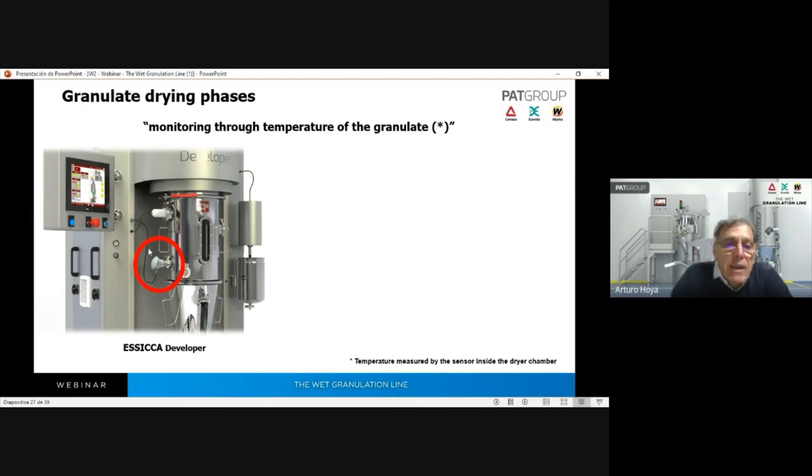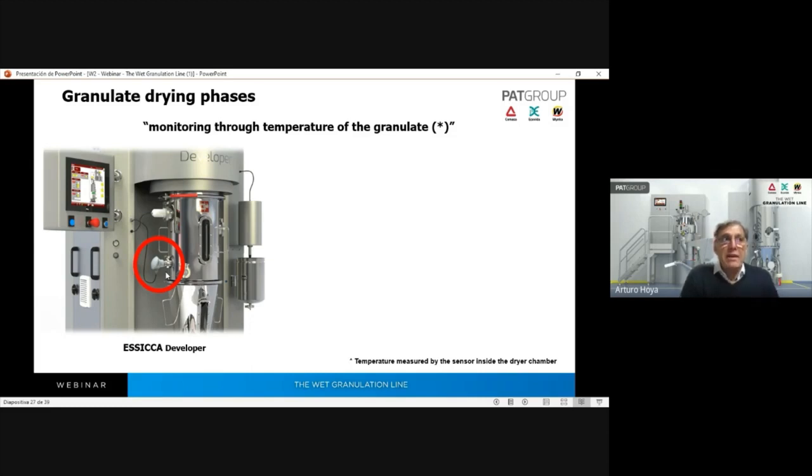And here we have a very, very important device. This is a thermometer, a thermocouple, that monitors the temperature of the air that passes through the wet granulation.